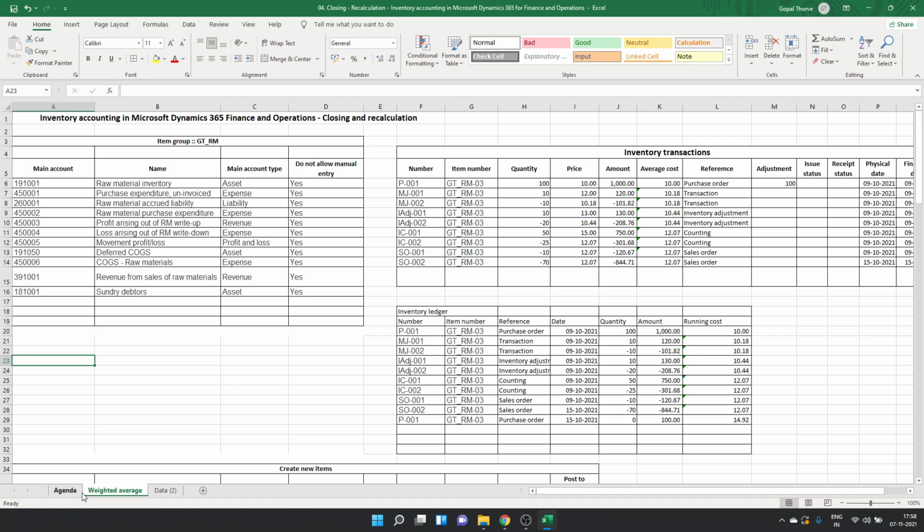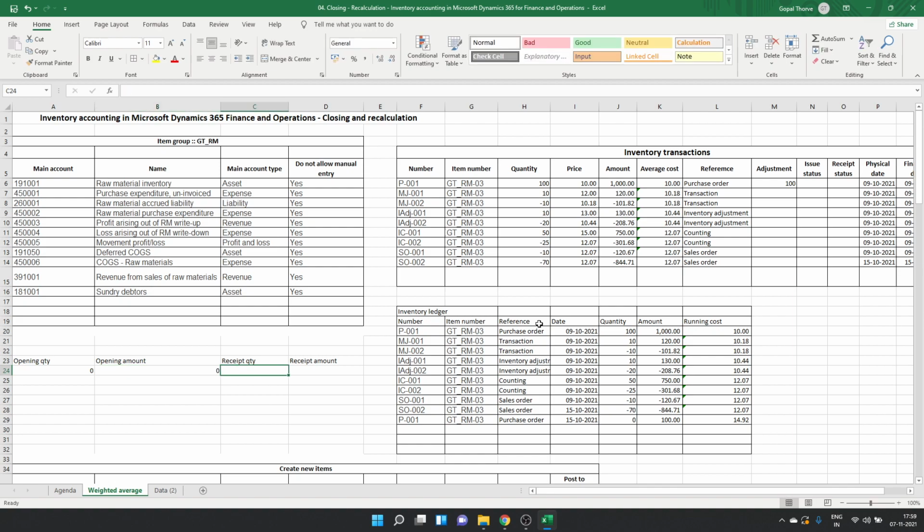System will calculate the weighted average for that particular period, and the formula will be my opening quantity, opening amount, receipt quantity, and receipt amount. Currently for this item, I have opening stock of 0. My opening value is also 0.